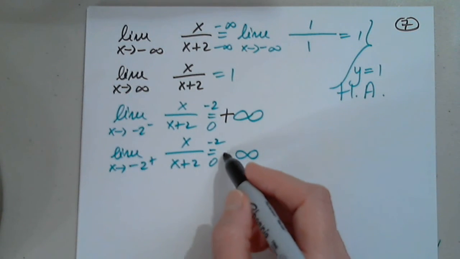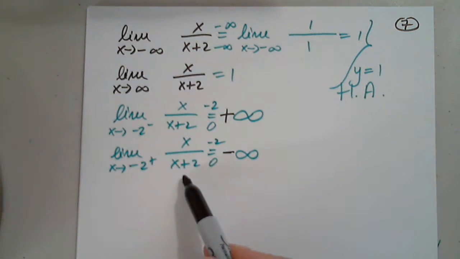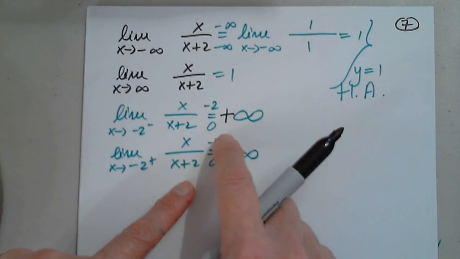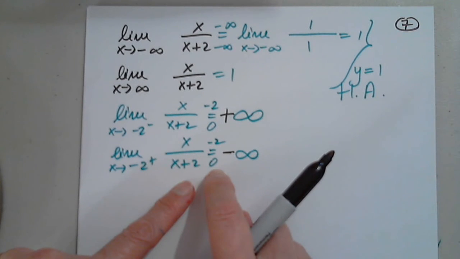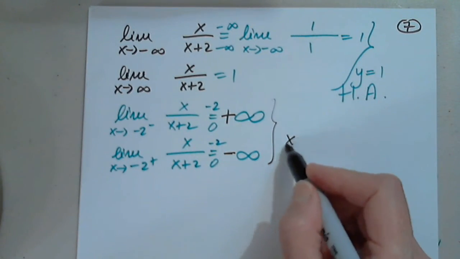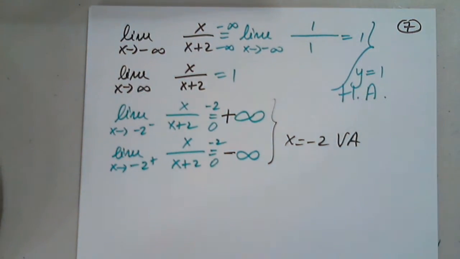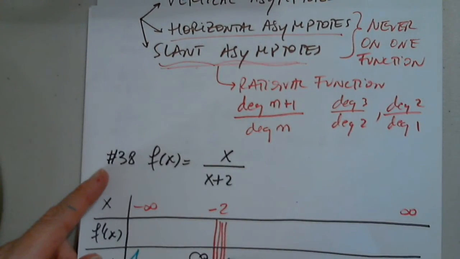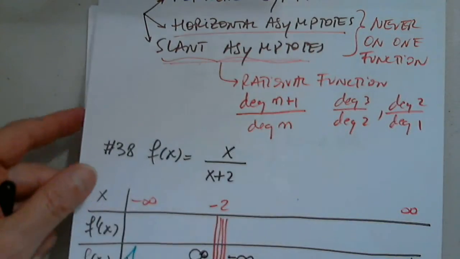Negative. So it's negative 2 over, so if this is negative 1.9, this will cover it. So the top is negative and the bottom is positive. That's why we get negative. So x equals negative 2 is a VA, as we already knew. So on the left is infinity, on the right is negative infinity.